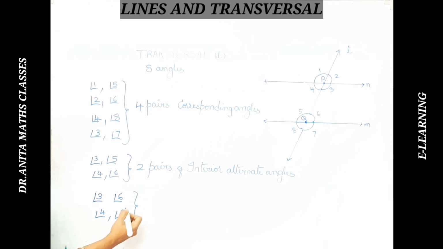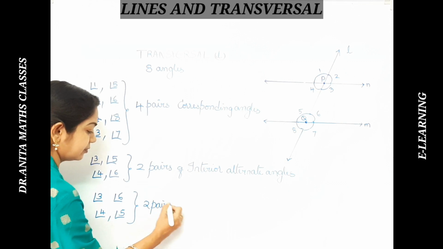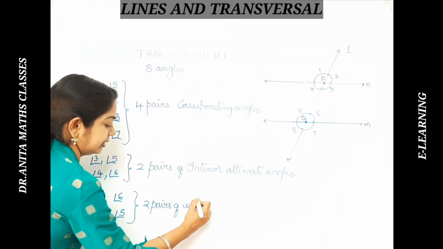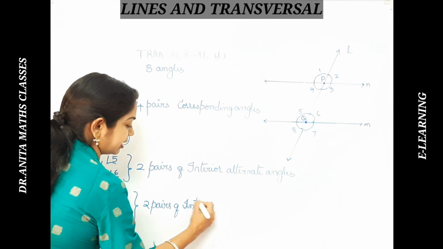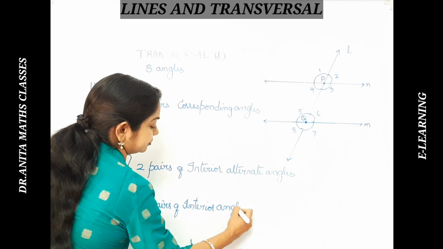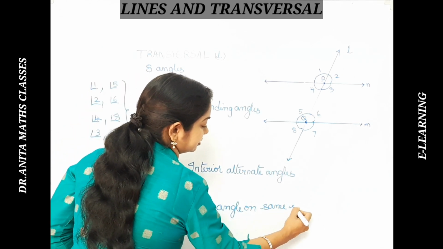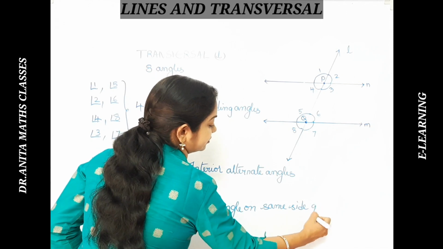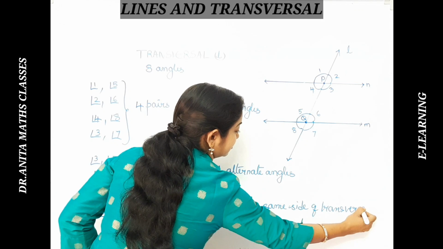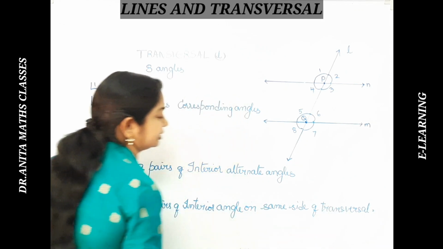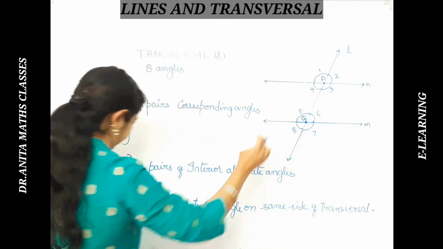These are 2 pairs of interior angles on the same side of the transversal. To one side, 3 and 6, and to this side, 4 and 5, as I wrote.